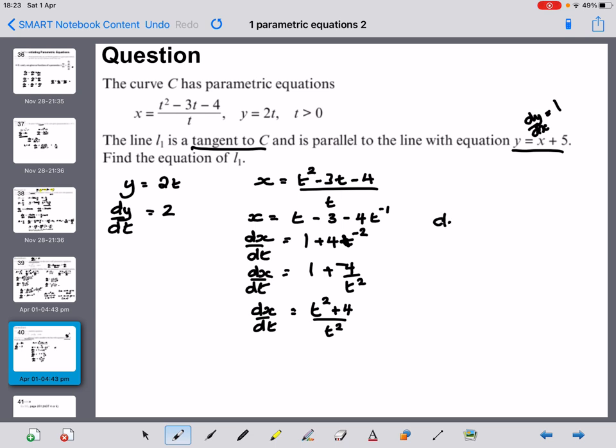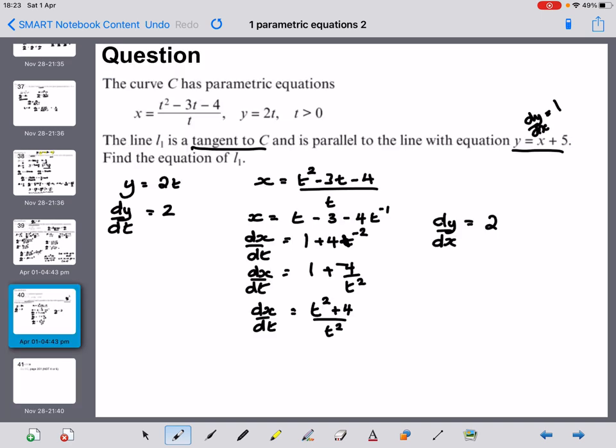So dy by dx is 2, and then I need to divide that by dx by dt. So again, rather than writing 2 over a fraction, I'm going to multiply that by dt by dx.